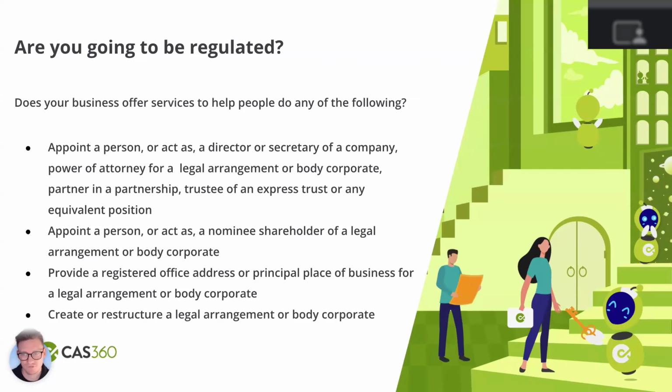Now, generally, if you're appointing a company as director or secretary for a company, then that may fall under that process. Do you appoint a person or act as a nominee shareholder of a legal arrangement or a body corporate? Do you provide registered office address or principal place of business for a legal arrangement or a body corporate? Again, that would capture a lot of accountants.